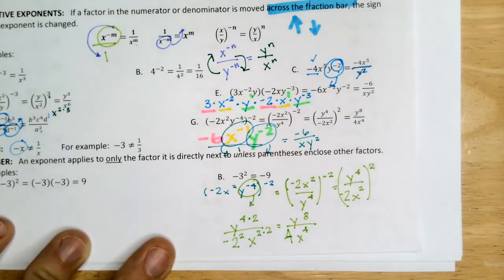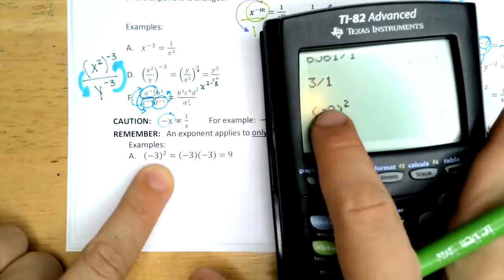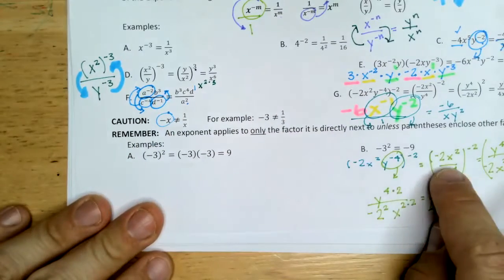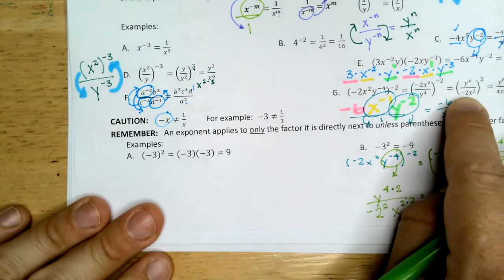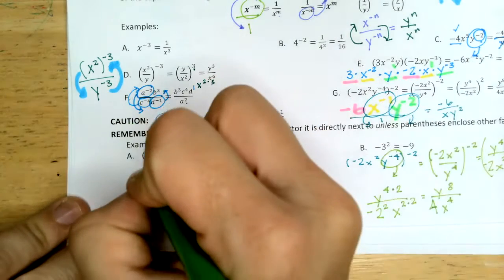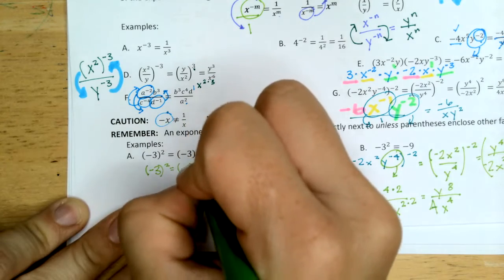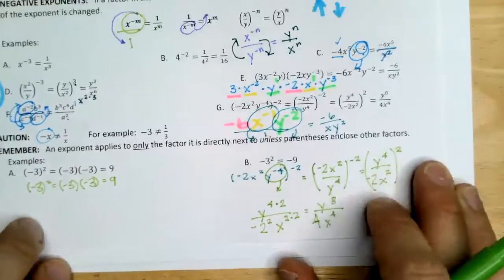Okay. So -2 squared is a +4 because that was within the parentheses, right? -2 within the parentheses raised to the second power. -3 squared is the same as -3 times itself, which is a +9. Two negatives make a positive.